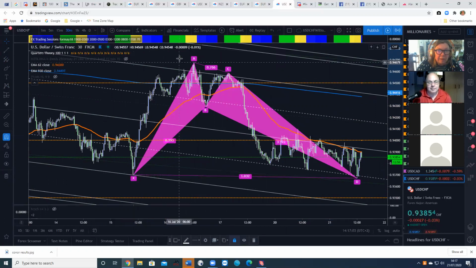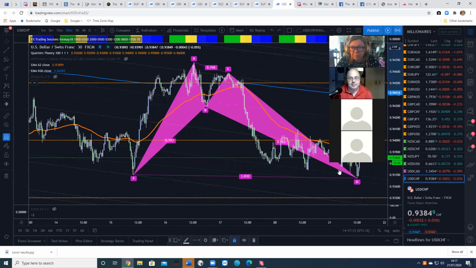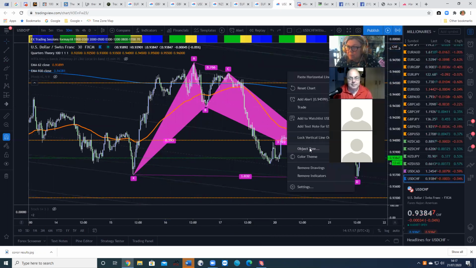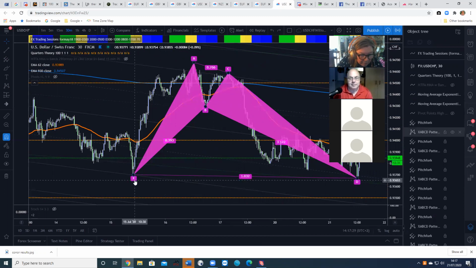Nope, that's the old one come up. I can't see it. Look at the object tree. I must have put it on very faintly. I think I'll start again.